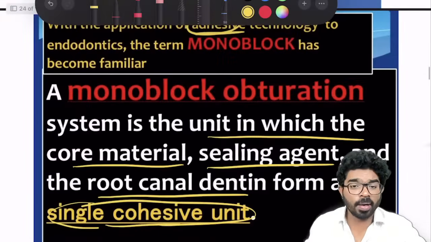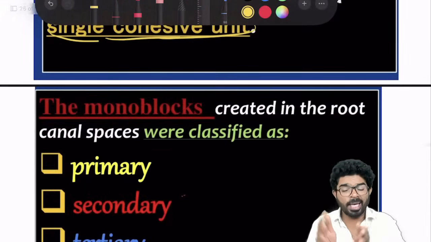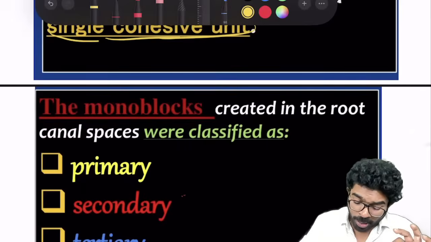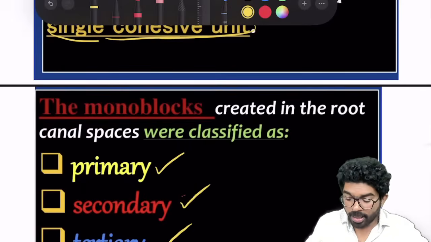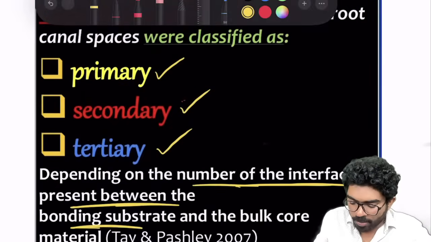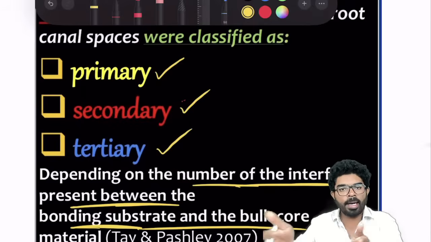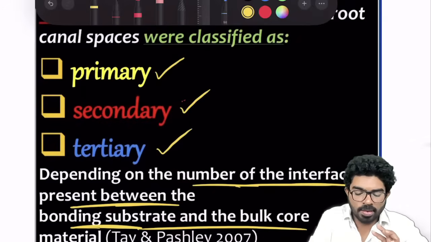Now, basing upon the interfaces, how many friends are there, monoblocks are divided into primary, secondary, and tertiary monoblock. They are divided based on the number of interfaces present between the bonding substrate and the core. More interfaces is tertiary. Only one interface is primary.